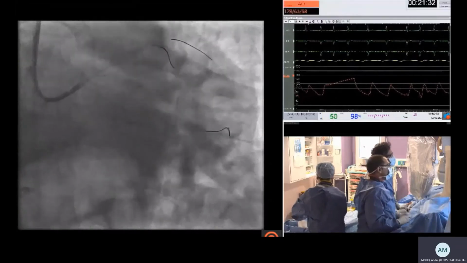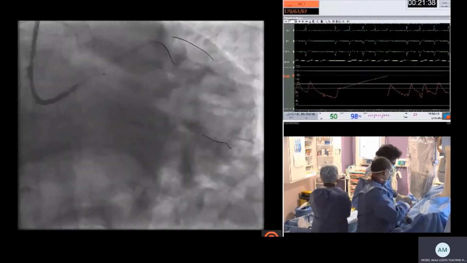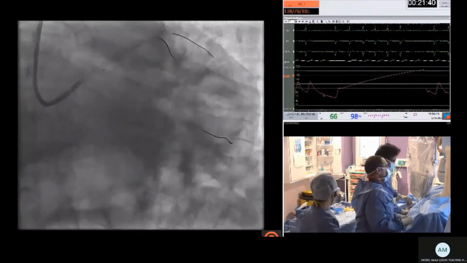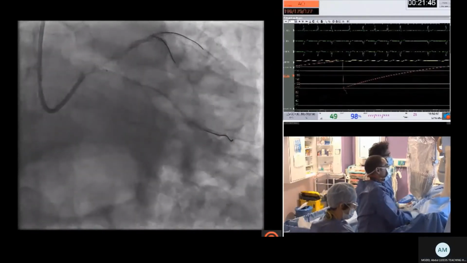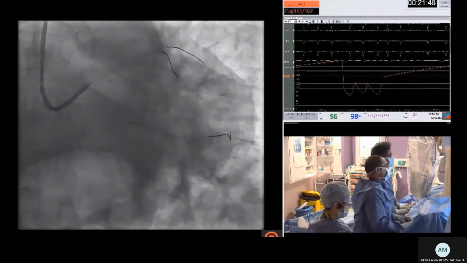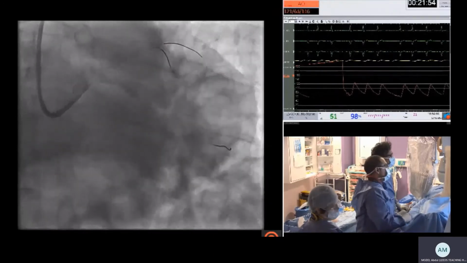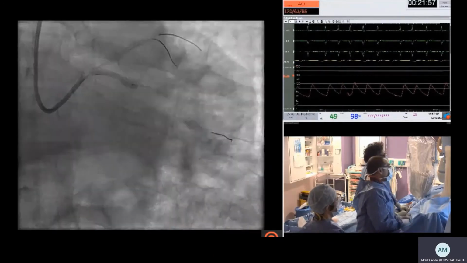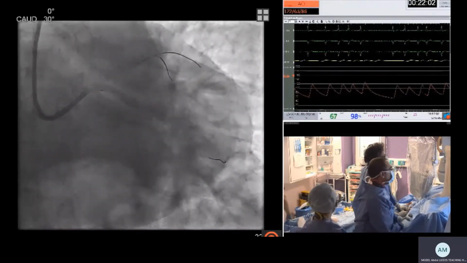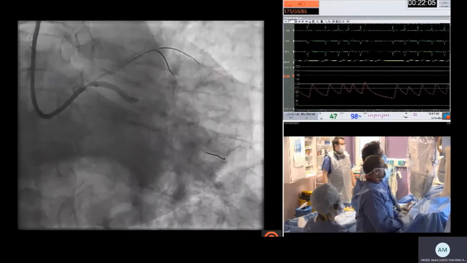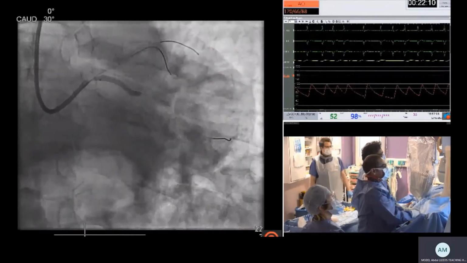Having dealt with the proximal LAD bifurcation, we moved on to predilating the circumflex, again with an NC balloon, focusing just on the proximal and ostial lesions and leaving the most distal lesion. There's good expansion with high pressure NC balloon inflation.